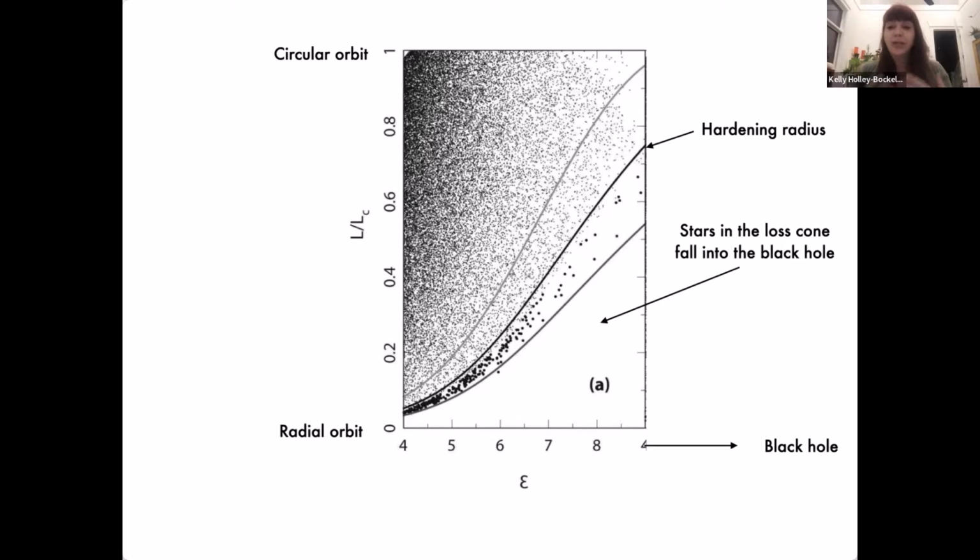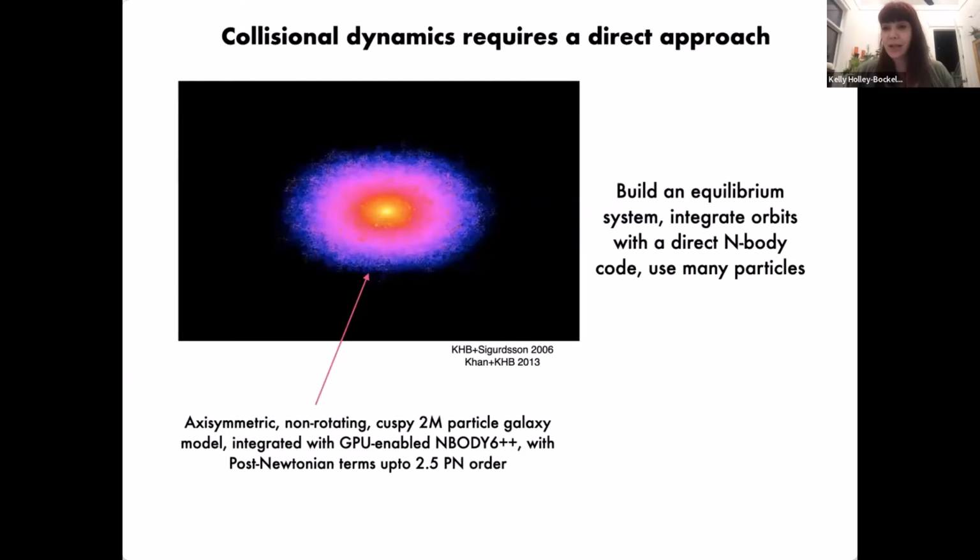So you can see the loss cone is evacuated really quickly in this model here, which was of a static spherical model. And that's the problem. Because as you'll see, once you relax those really stringent criteria of a perfectly spherical system that's static, etc., then that loss cone can get refilled, but we had to show it. And this requires a very computationally expensive approach.